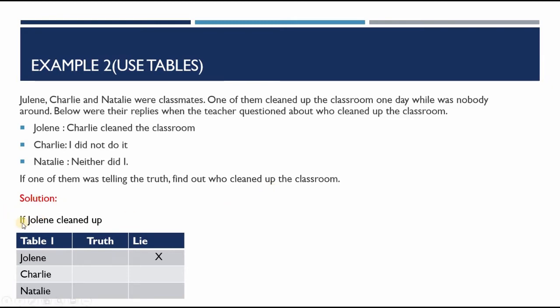If we are assuming that Julian cleaned up, who's telling a lie and who's telling the truth? Julian said, Charlie cleaned up the classroom. Charlie said, I did not do it. And Natalie said, neither did I. If Julian cleaned up, then Julian himself is telling a lie. Charlie is telling the truth, and Natalie is also telling the truth.